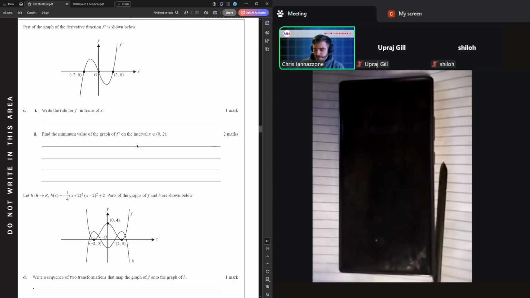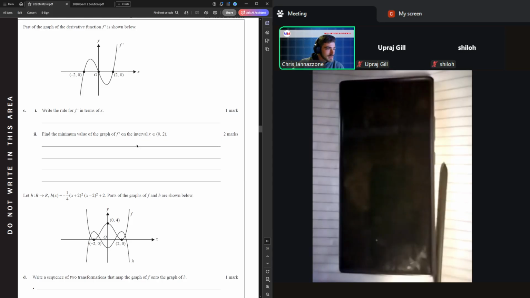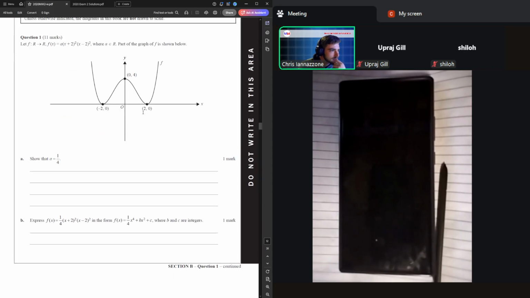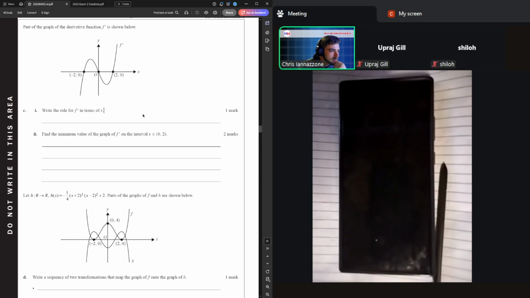Let's see. This is the derivative of f. Write the rule for the derivative. So there's a hard way and an easy way to do this. Remember you have a CAS.